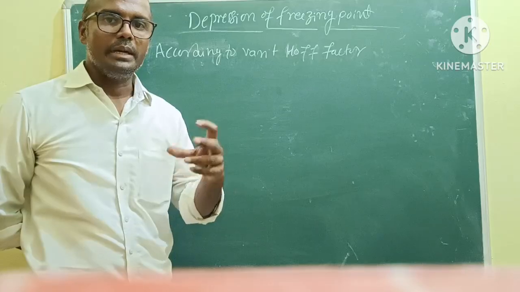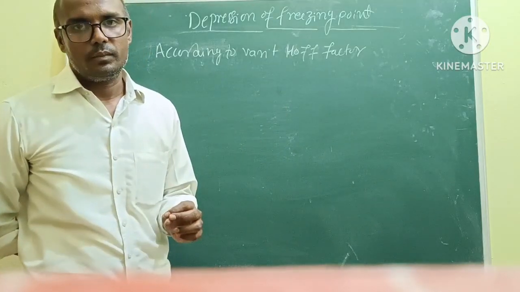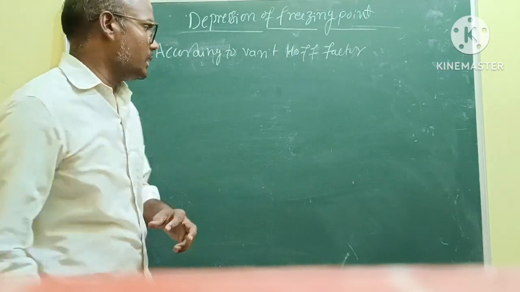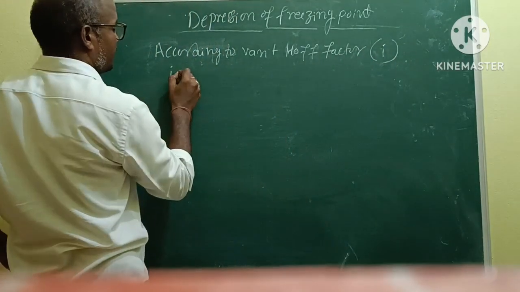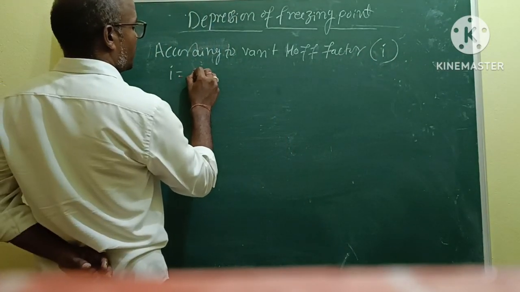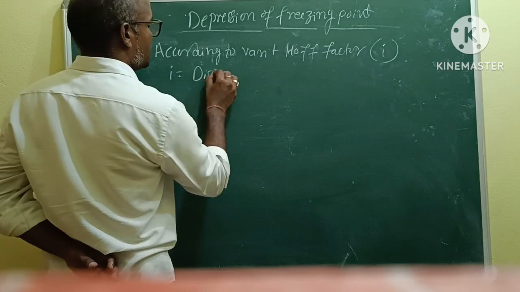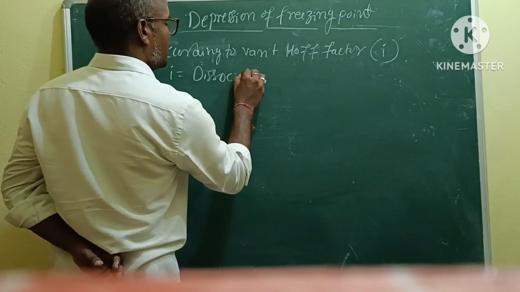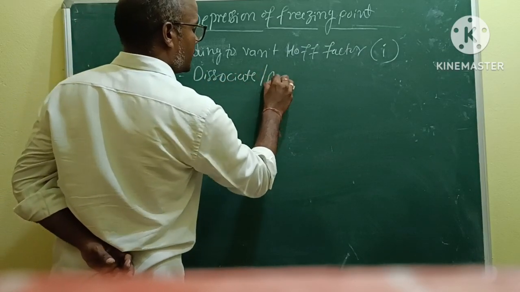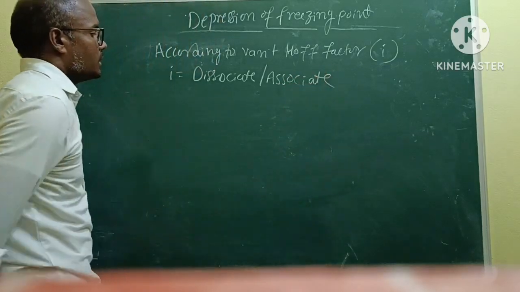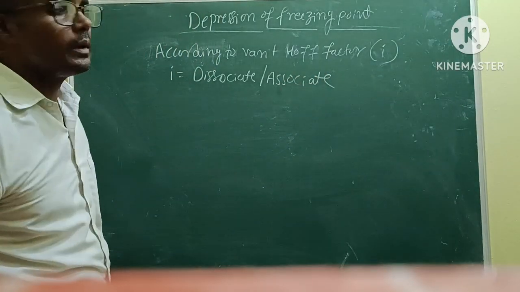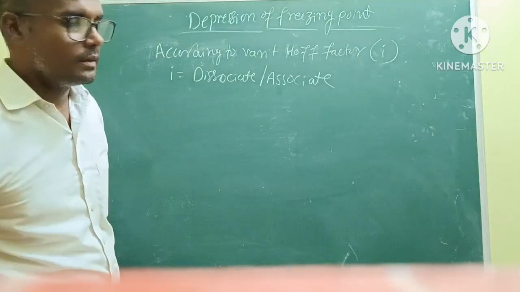the solute may be dissociated or may be associated. Solute particles may be dissociated or may be associated. So that is what we consider as i, the Van 't Hoff factor. Understand?